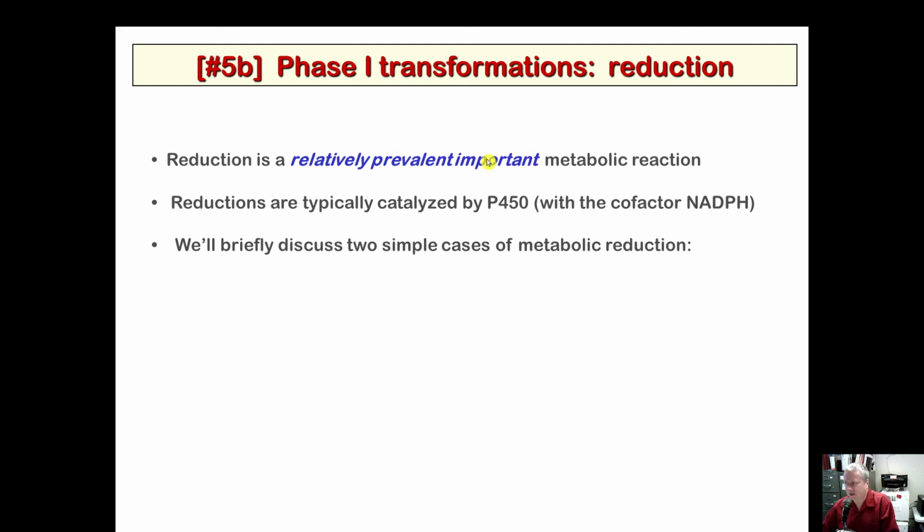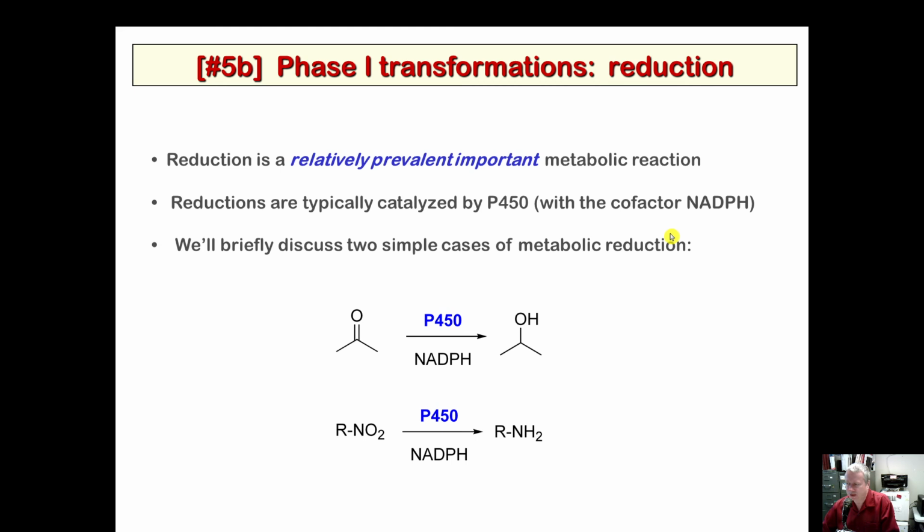I think what I was trying to say is it's not as prevalent as oxidation. I think my text got jumbled here. Usually oxidation kind of dominates, and so there's a couple of things that are commonly seen.